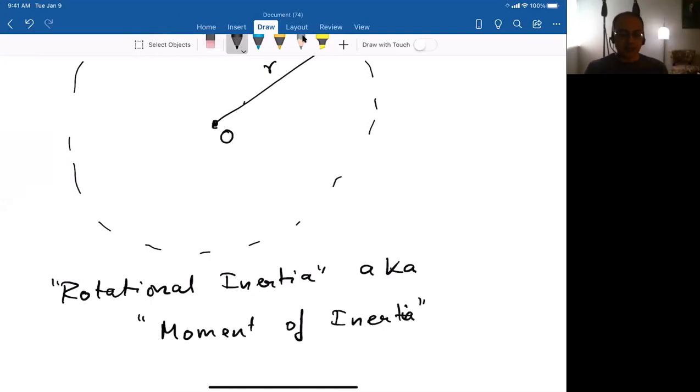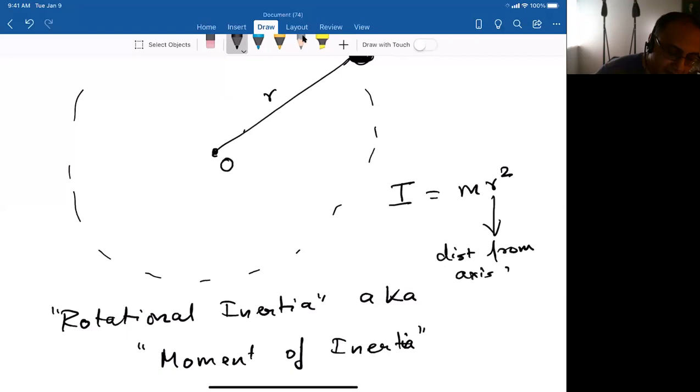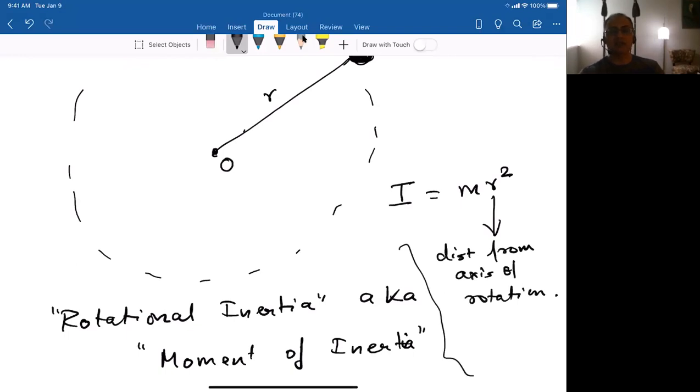So the rotational inertia of a point mass, the symbol is I, is defined as m times r square. It's the product of its mass and the square of its distance from the axis of rotation. So it's very important to understand what this r is. It's the distance from the axis of rotation. That is the moment of inertia or the rotational inertia of a point mass.